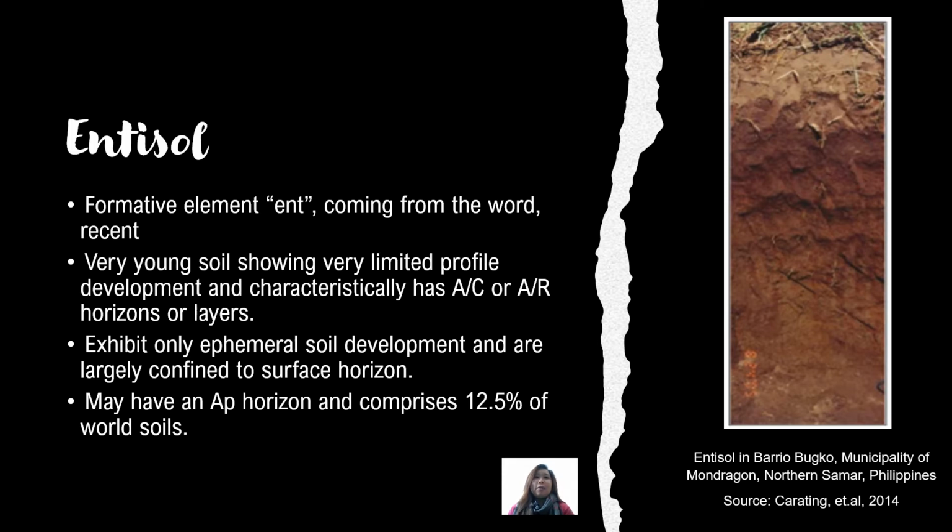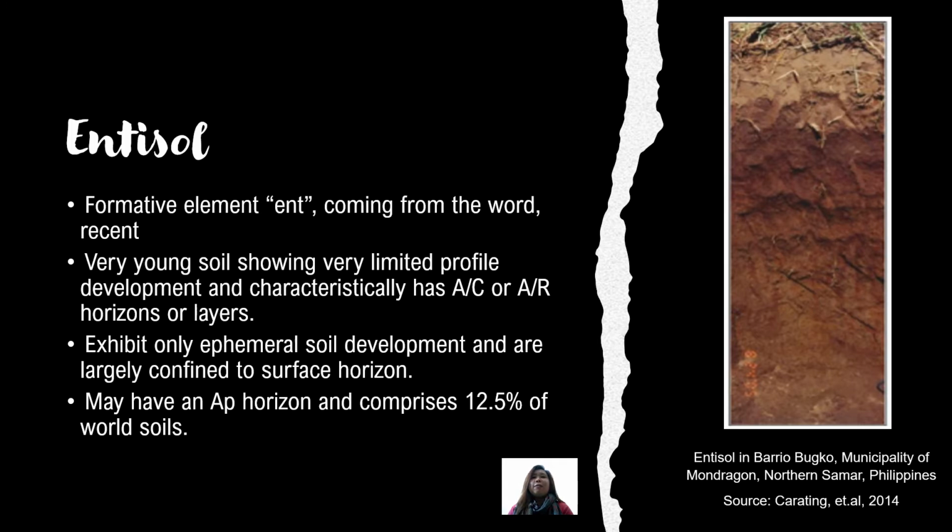Entisols exhibit only ephemeral soil development and are largely confined to surface horizons. Entisol may have an Ap horizon, meaning a topsoil that is being plowed regularly, and comprises 12.5% of world soils.